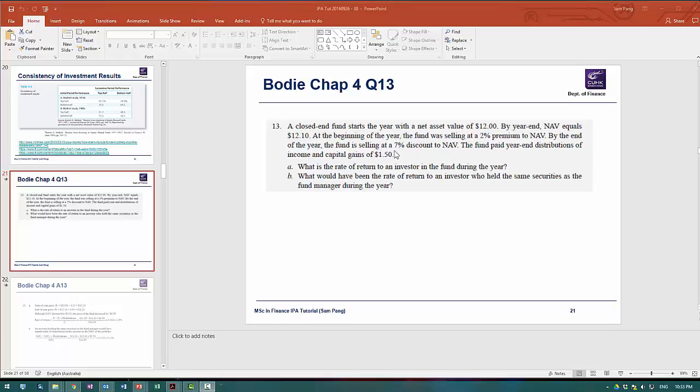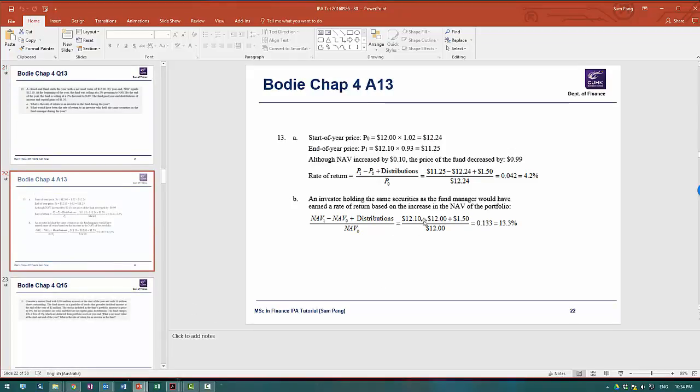Therefore, if you were the home investor, this is exactly what you would have achieved. You turn $12 into $13.60, of which $1.50 is actually cash gain from realized capital gains, and all of that you would just give out to the customer.